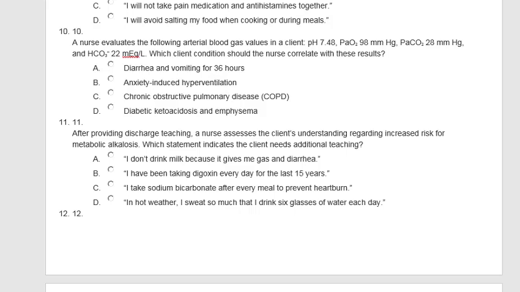You don't have to worry about metabolic with that. I take sodium bicarb after every meal to prevent heartburn. Bicarb, alkalosis, that sounds right. In hot weather, I sweat so much that I drink 6 glasses of water a day. No, that's okay. So taking the bicarb after meals can cause alkalosis. So we have to be careful about that.